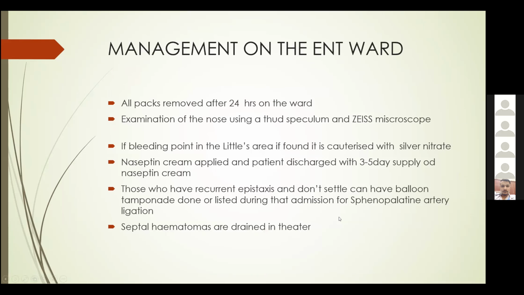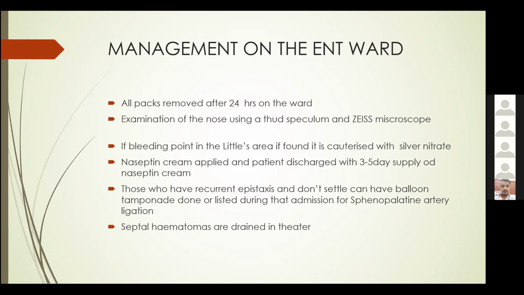Once the patient has been taken from A&E onto the ENT ward, after 24 hours the packs are going to be removed. They'll be taken to the examination room, where we use a small speculum, or probably a Zeiss microscope, and you look at the Little's area.